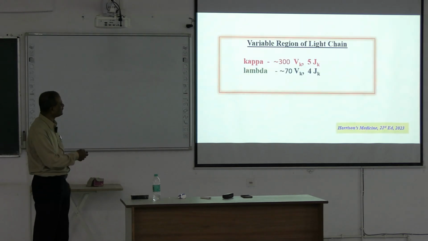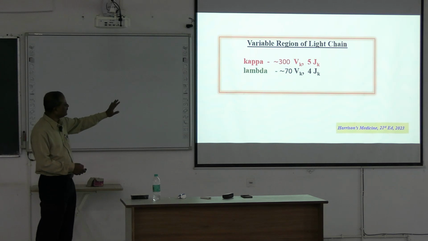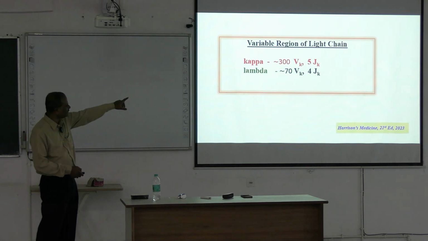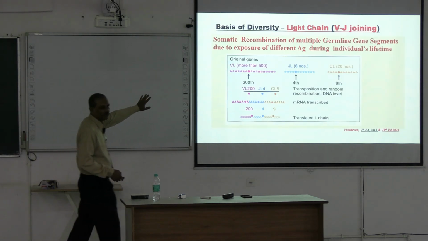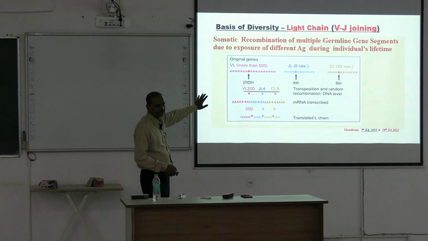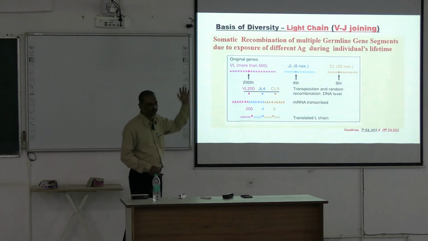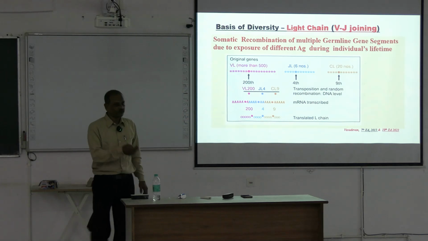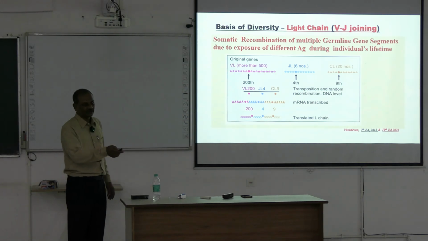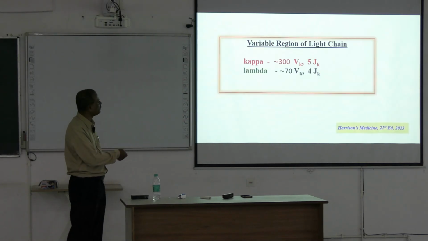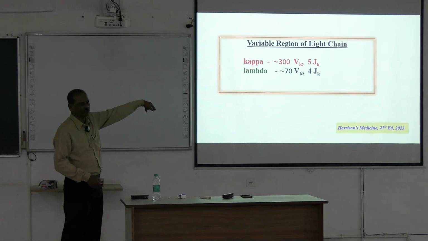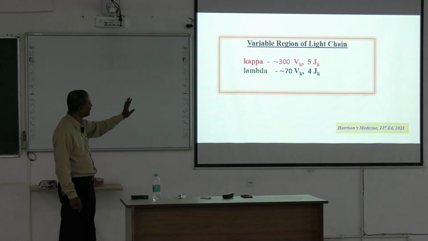Because of that, again the variable region, again Harrison's Medicine, and what Dr. Vasudevan's book has written. I have checked whether it is the same figure, because in the earlier editions also the same figure is there, they simply copied. But now, since you will be reading medicine, I am deliberately taking it from the medicine book. The latest Harrison is available in 2023, that is Kappa chain is 370.